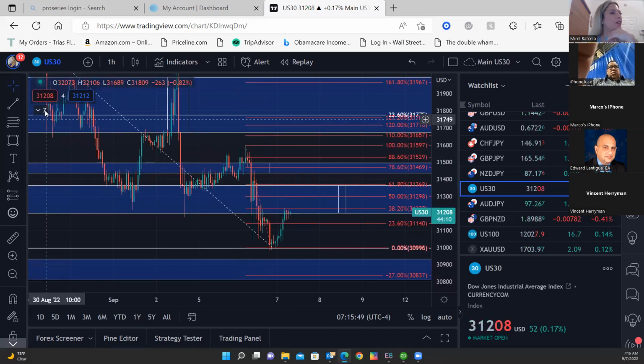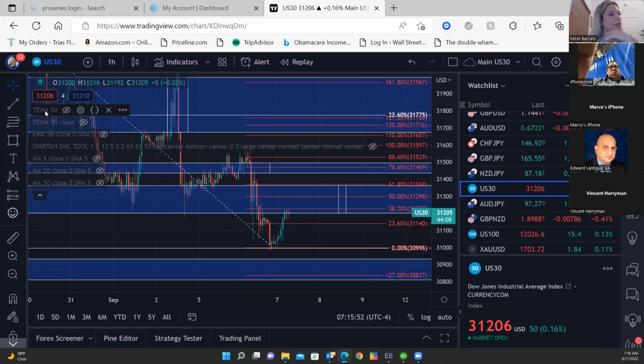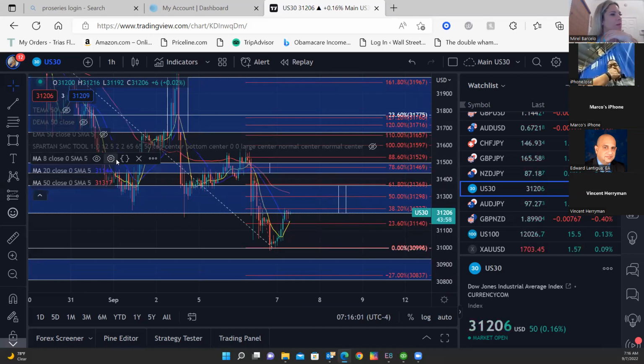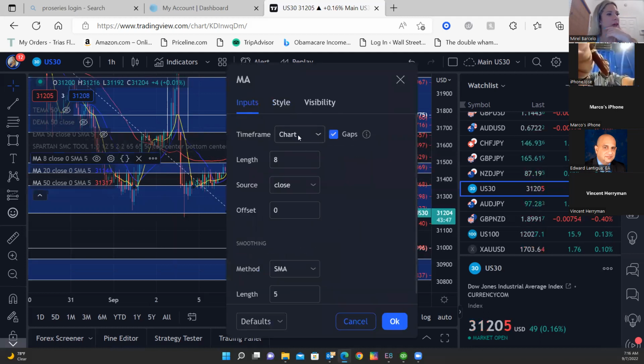Also, another indicator that I use as part of my confluences are the moving averages. I want to unhide them and show the settings. This is something that we could discuss later, but if you guys want to write down the settings of my MAs, that way you have the same exact lines.